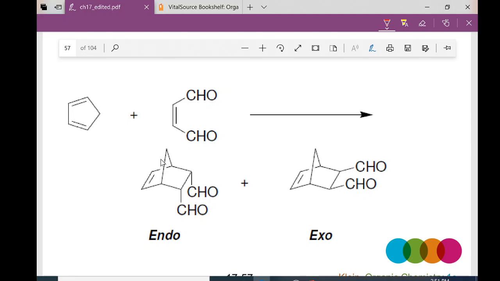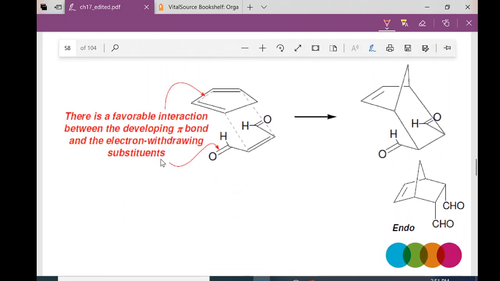And that is because when this reaction is performed with the endo isomer, we have overlapping molecular orbitals, which has a favorable interaction in the developing bonds that are formed. Okay, and so endo is the preferred isomer.